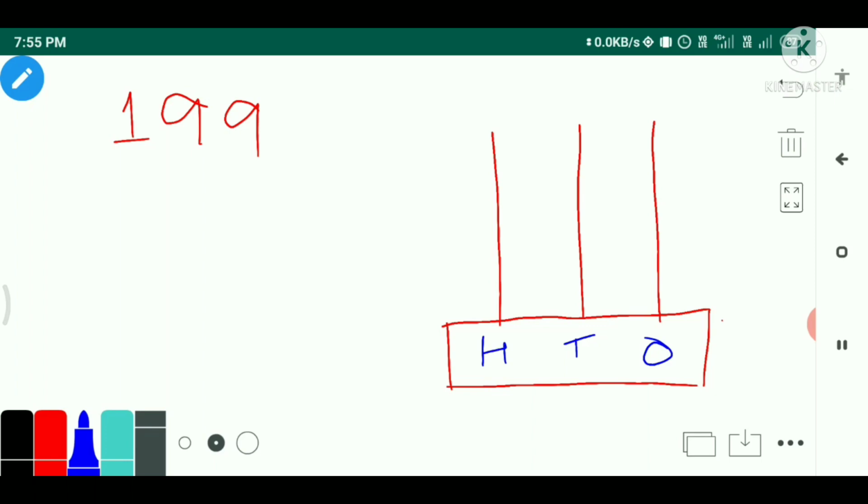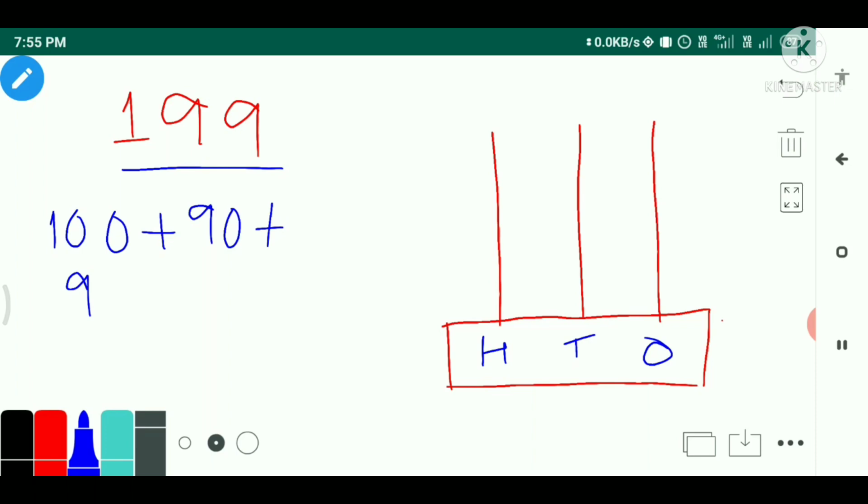So now 199, it means what? If I expand this value, it will look like 100 plus 90 plus 9, right? In figures we can write like this.